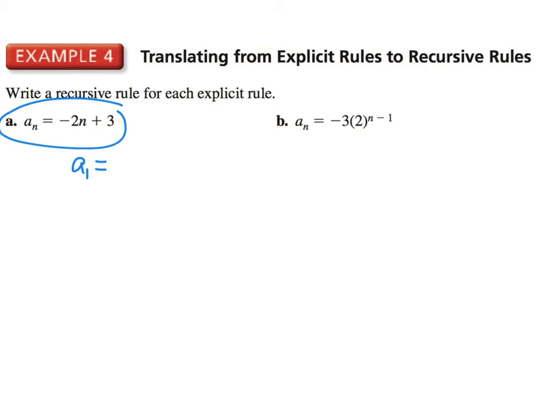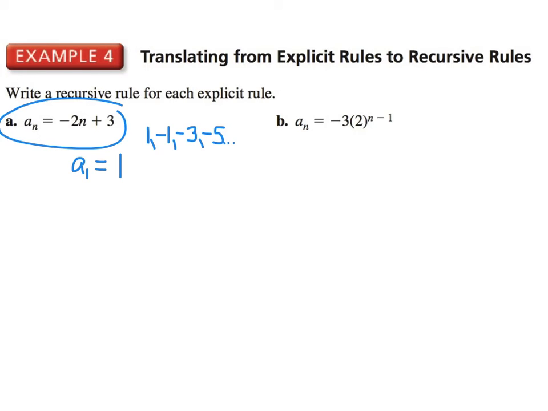So if we plug in 1, negative 2, multiplied by 1, plus 3 is 1. So the first term of the sequence would be 1. Now if we plug in the second term, that'd be negative 4 plus 3, which would be negative 1. We plug in the third term, that'd be negative 6 plus 3, negative 3. We plug in the fourth term, negative 5, and so on.